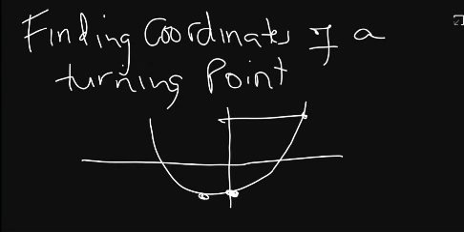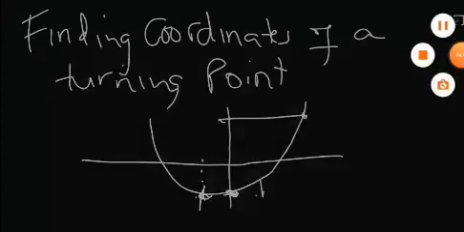Then the turning point is a point, for example, it can be there, it can be anywhere where it makes a turn. So we are going to find how we can find the coordinates of the turning point. Of course, it has the x coordinate and the y coordinate.